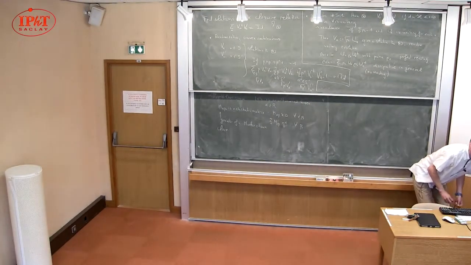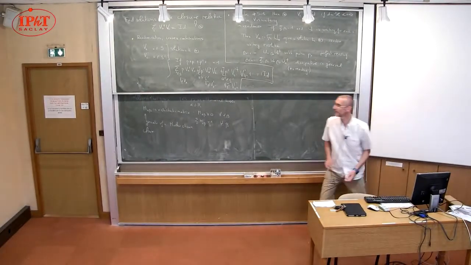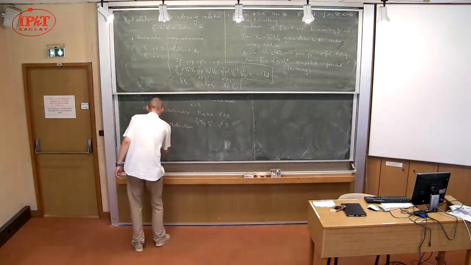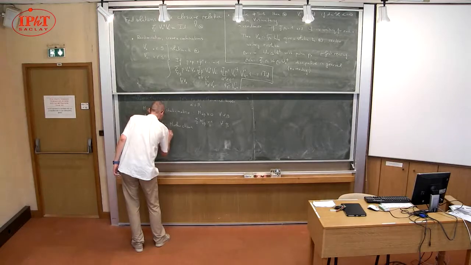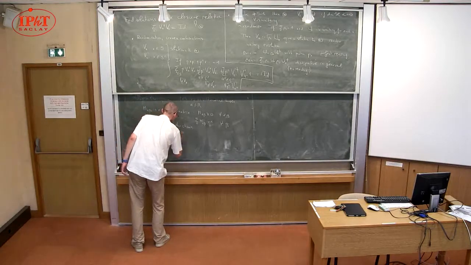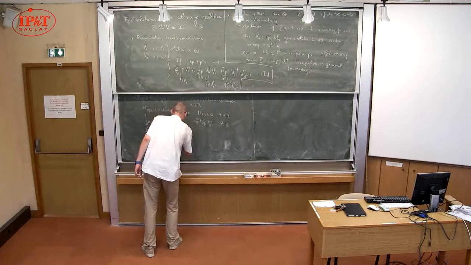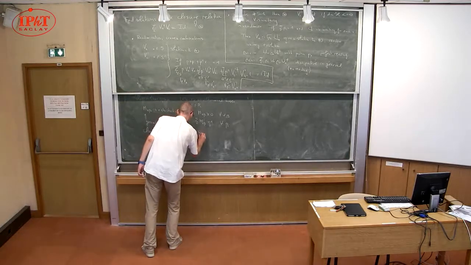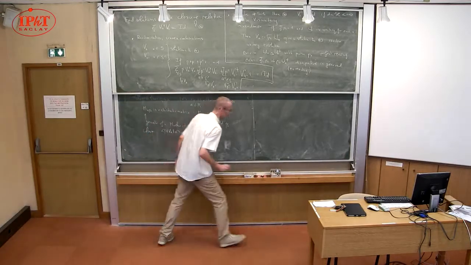So the first one is to take V_A^alpha equal to the square root of M_beta_alpha delta_A_alpha. Let me just check.